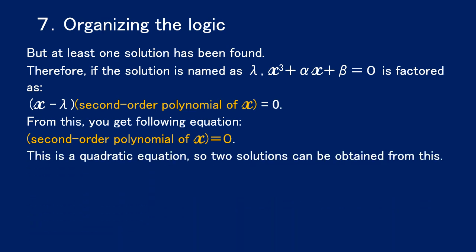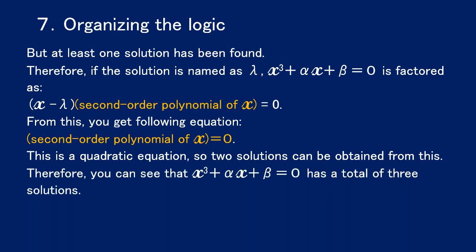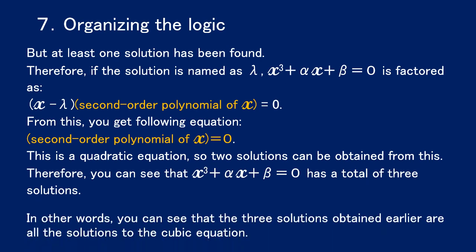This is a quadratic equation, so 2 solutions can be obtained from this. Therefore, you can see that x cubed plus alpha x plus beta equals 0 has a total of 3 solutions. In other words, you can see that the 3 solutions obtained earlier are all the solutions of the cubic equation.